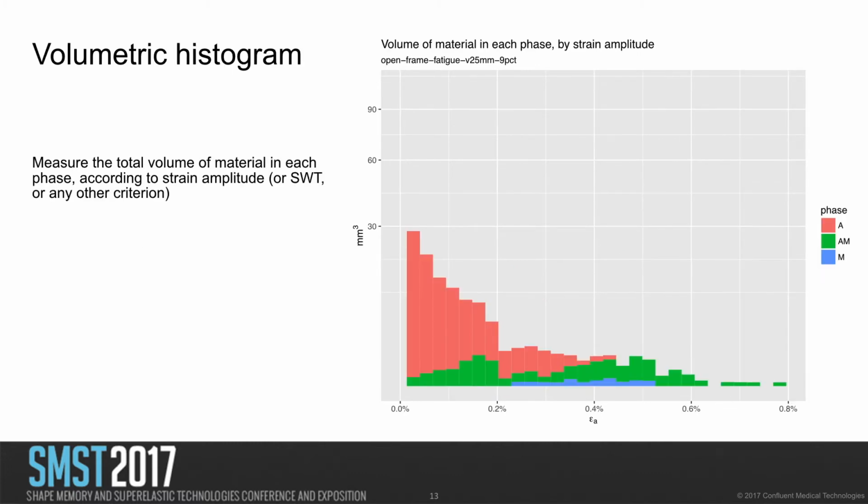But if we take that same data and express it in a volume histogram as we're showing here, we can see an idea of how much material is, for example, exceeding a strain amplitude of 0.4% or 0.6% or whatever. We can look at that to the right of any of those points, and the way that we've expressed it here, we've actually colored the regions red, green, or blue to indicate the volume of material that is austenite, that's flip-flopping back and forth, and that is martensite.